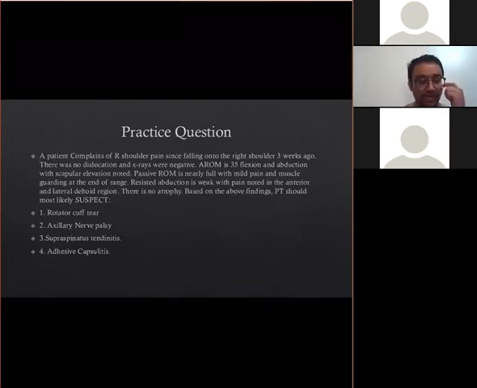Empty can will be negative. Empty can test, when we do an internal rotation and do a resistance, is most likely a test for supraspinatus tendinitis. When we do that test, we position the supraspinatus tendon in such a way that the stretch tension goes on the supraspinatus, and with the medial rotation it is coming closer to the acromion arch.